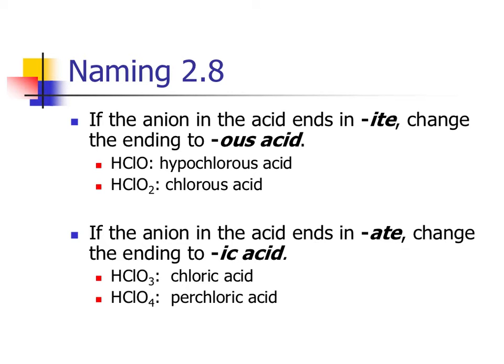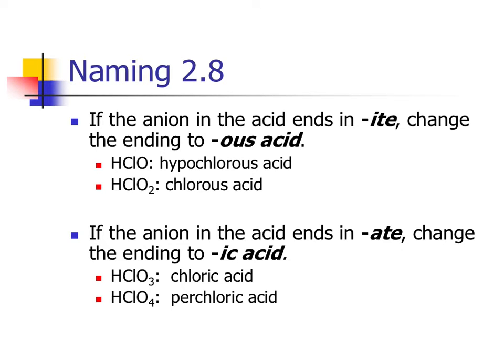If it ends in ITE, we change the ending to OUS. For some weird reason, I have yet to have anybody come up with a good way of saying how I remember that ites are OUSs.